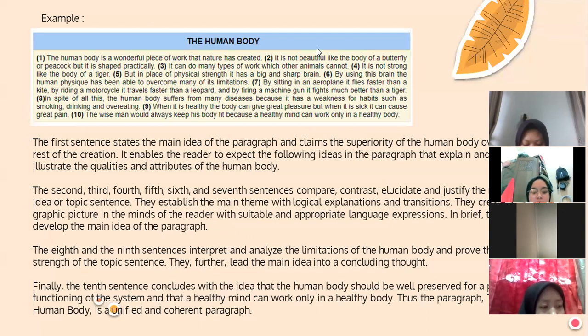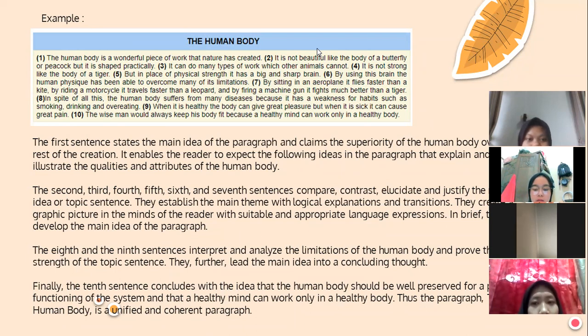7. By sitting in an aeroplane, it flies faster than a kite. By riding a motorcycle, it travels faster than a leopard. By firing a machine gun, it fights much better than a tiger. 8.